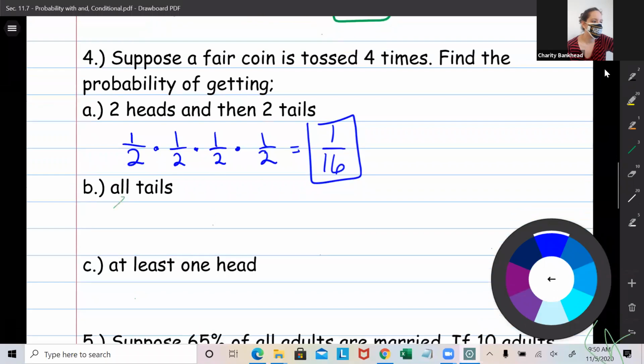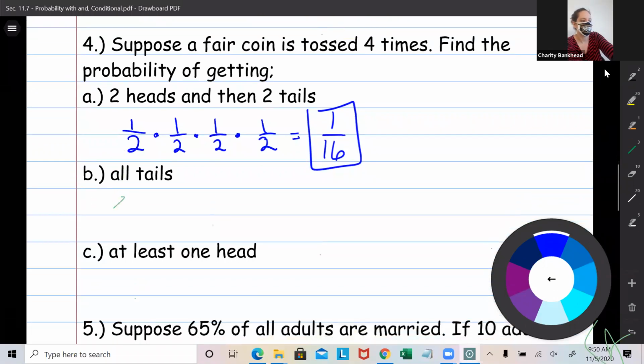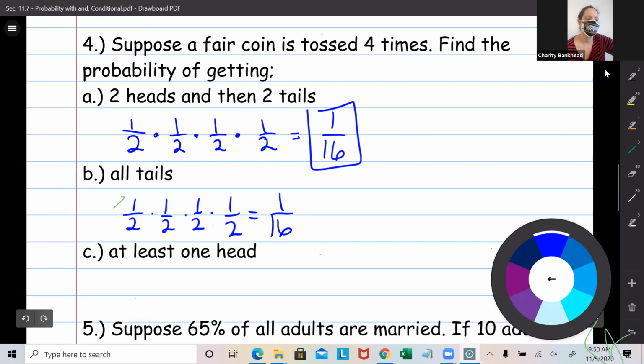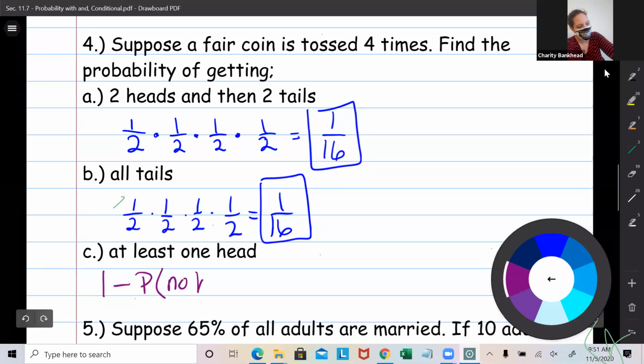And the probability of getting all tails, so that's 1/2 times 1/2 times 1/2 times 1/2, which is 1 over 16. All right, and then the probability of getting at least 1 head would be equal to 1 minus the probability of getting no heads.